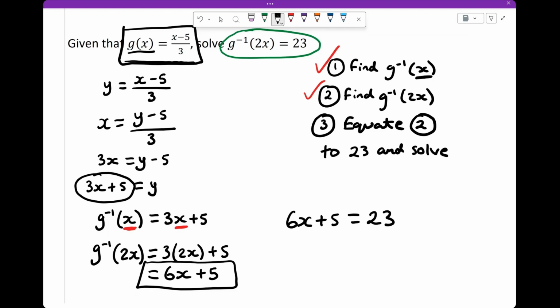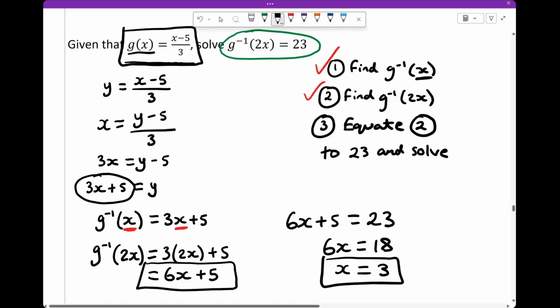I'm going to subtract 5 from both sides. So we get 6x is equal to 18. And then we just need to divide by 6 on both sides. So we would get that x is equal to 3. And that is the solution to the equation we were being asked to solve. So if I was to substitute x equals 3 into the inverse g of 2x, I would get 23.